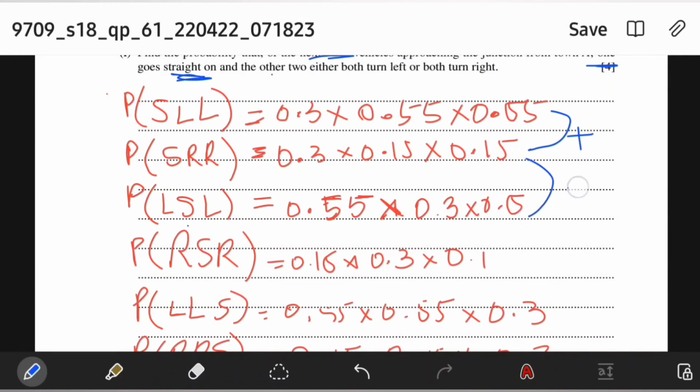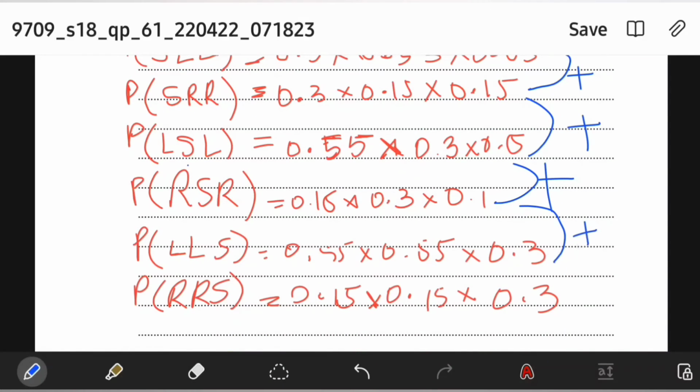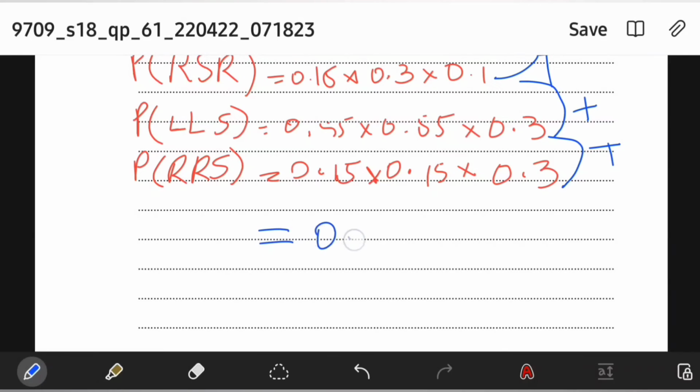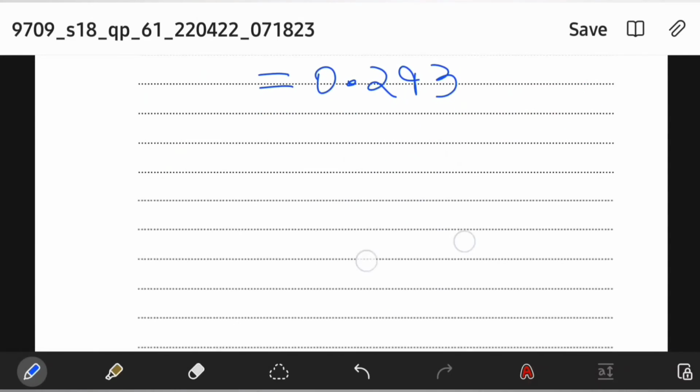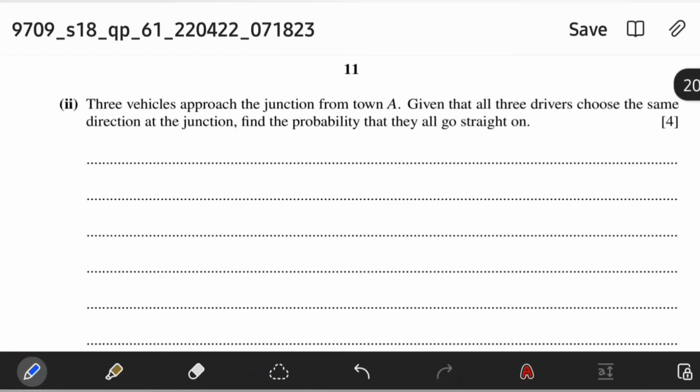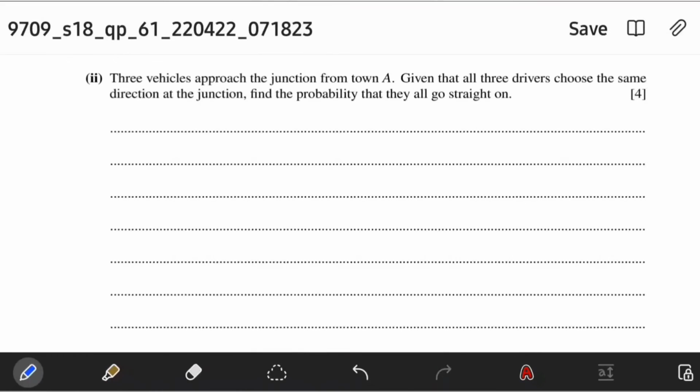So this would be what? 0.3 into, what was the probability of left, it was 0.55 into 0.55. This is a conditional probability question.